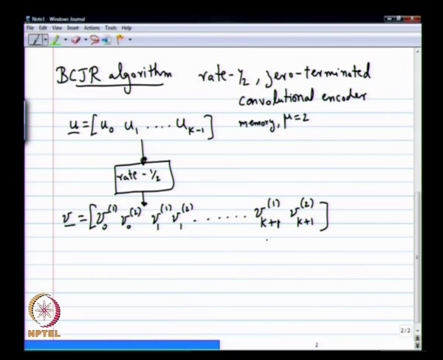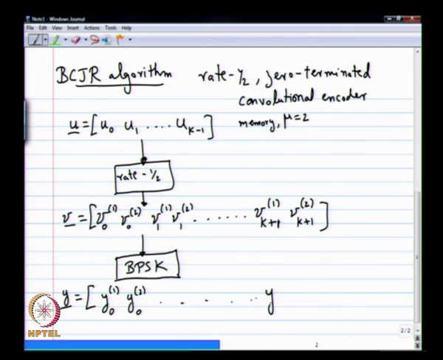So that's going to be the code word, and then we'll do BPSK modulation. What comes out I'll call Y, Y0 1 and so on all the way to Y K plus 1.